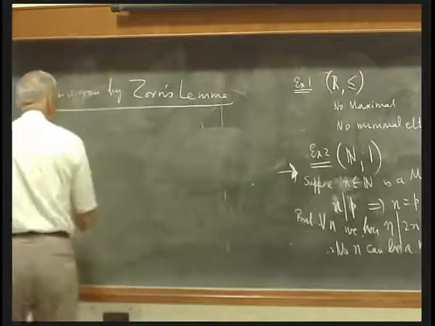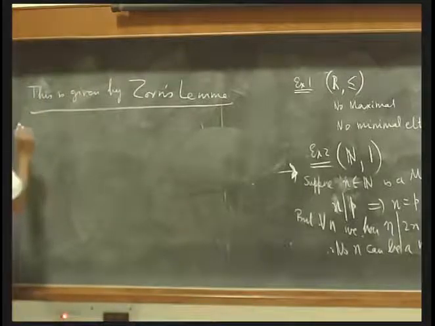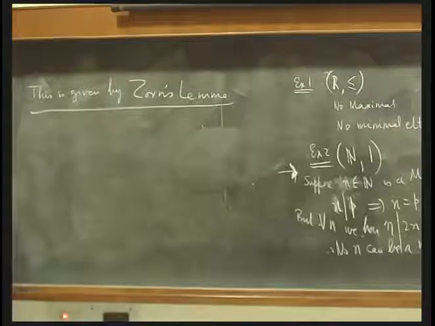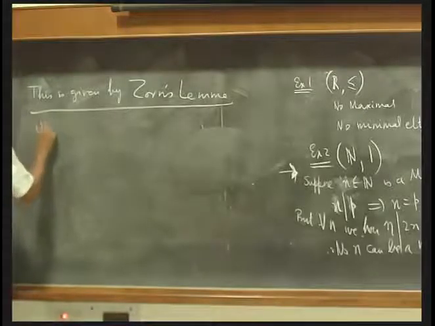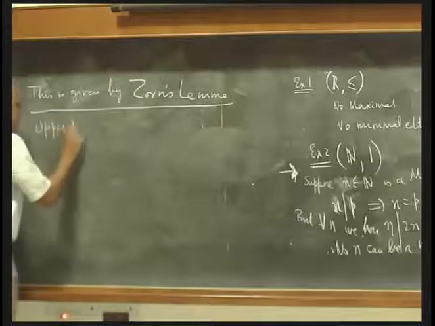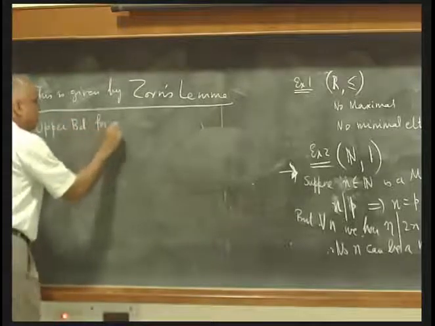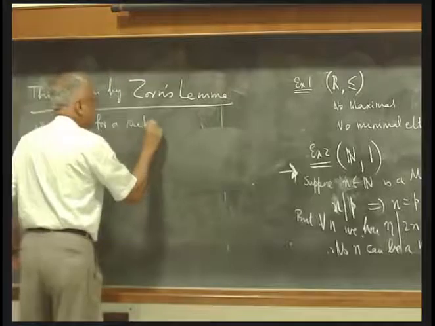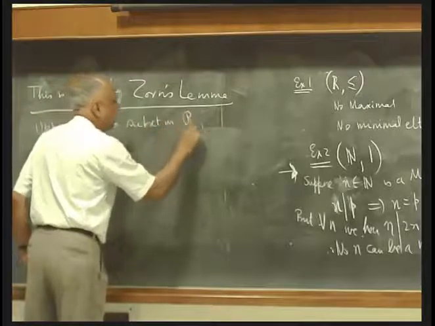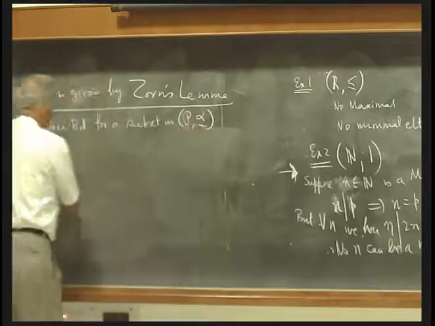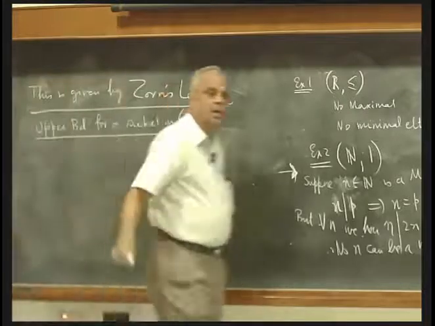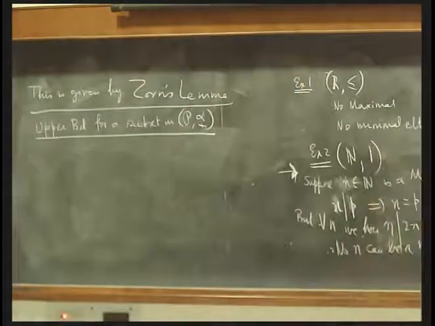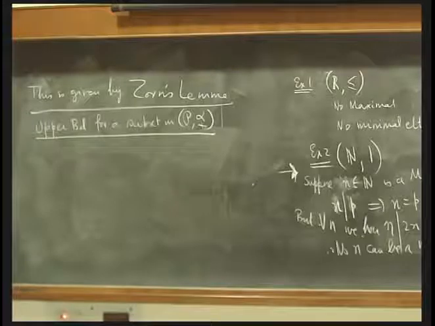Now, one more ingredient is what I want. This is what is known as an upper bound for a subset. Now, this is a very obvious definition. Okay.